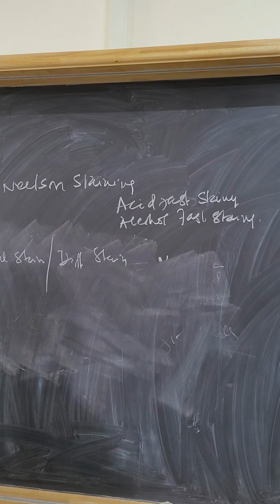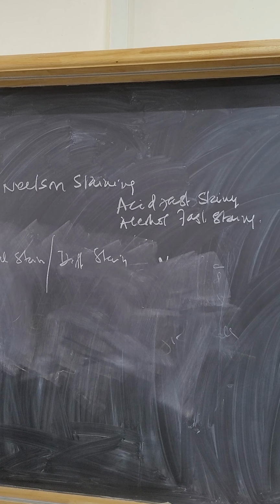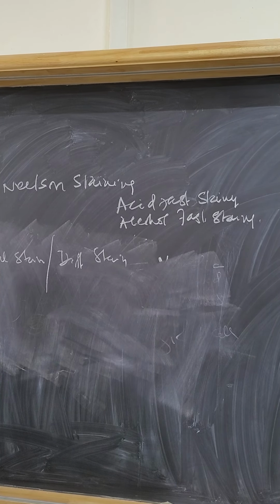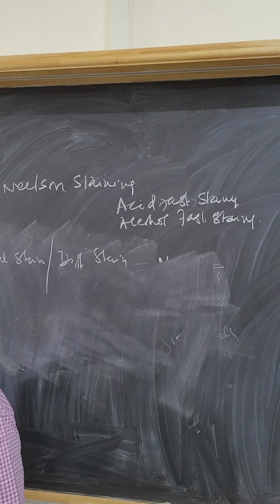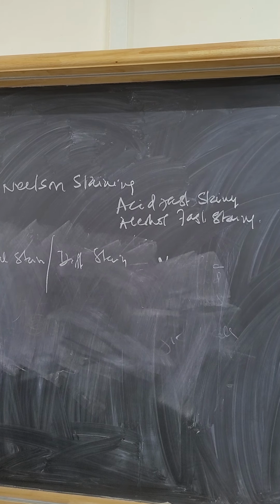It is called a special stain because it stains the special character of Mycobacterium tuberculosis, that is acid fastness. It is also called a differential stain because it differentiates between acid-fast and non-acid-fast organisms.